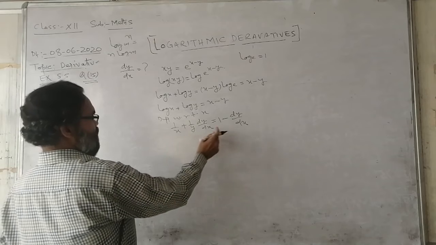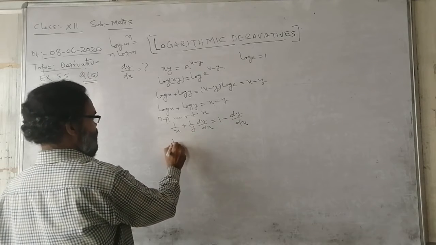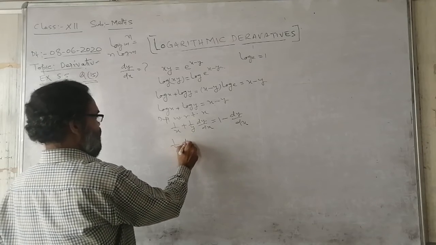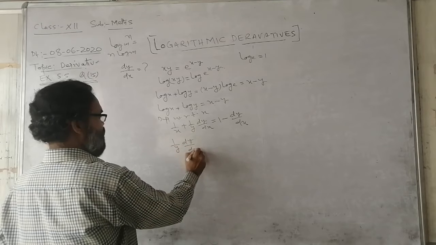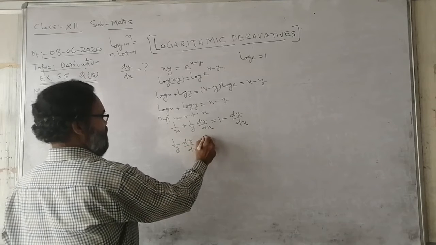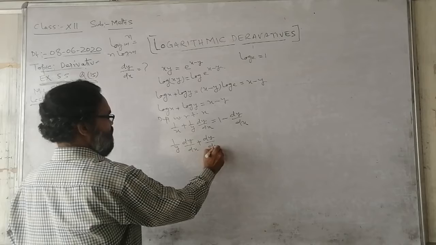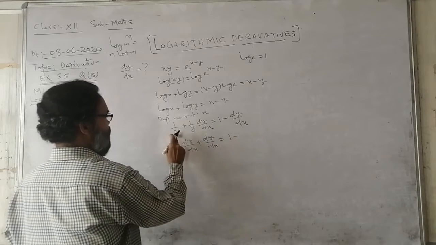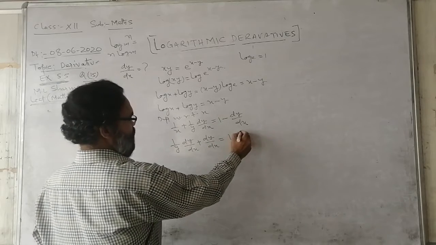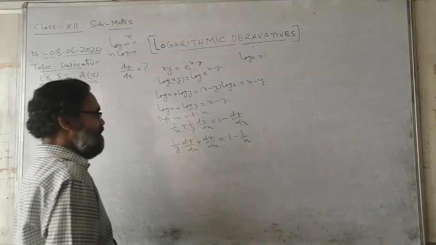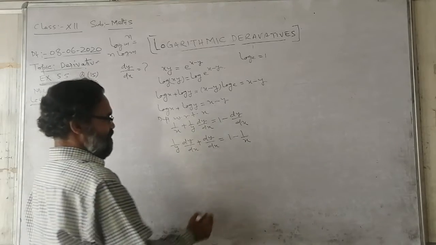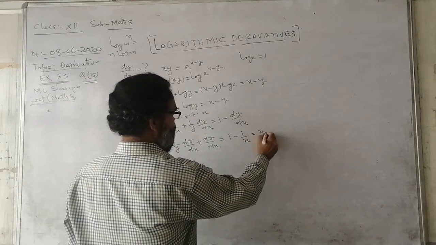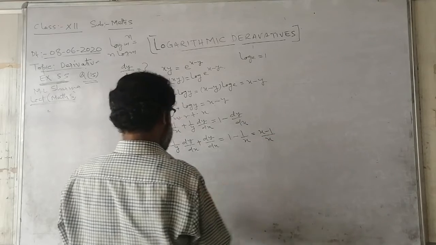So if I transfer this term to this side, 1 upon y dy upon dx plus dy upon dx will equal to, this term transferred here, 1 upon x, so this will be 1 minus 1 upon x.